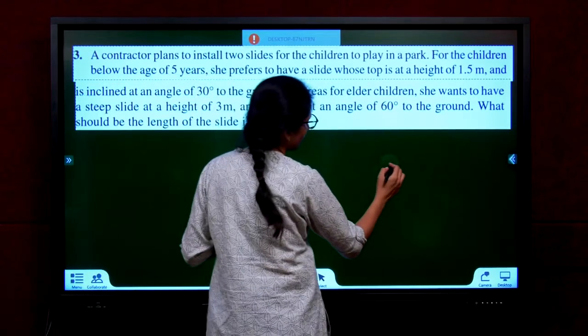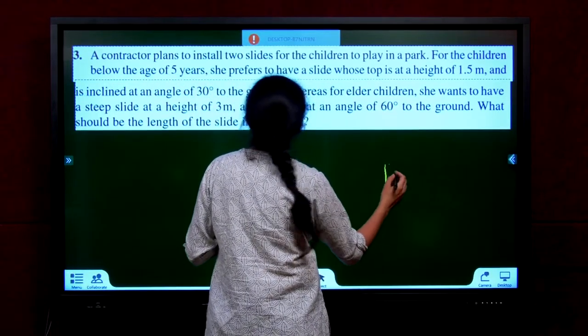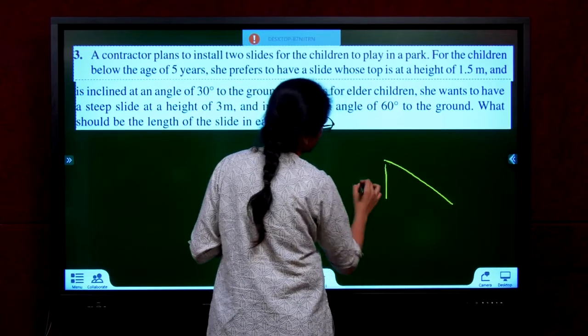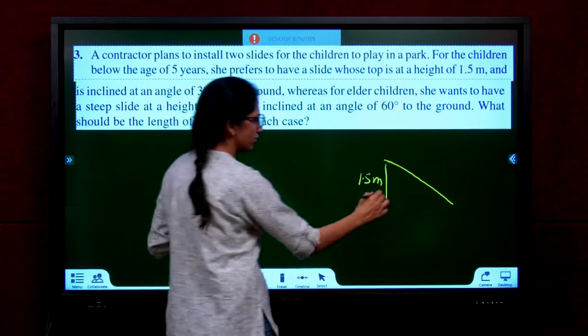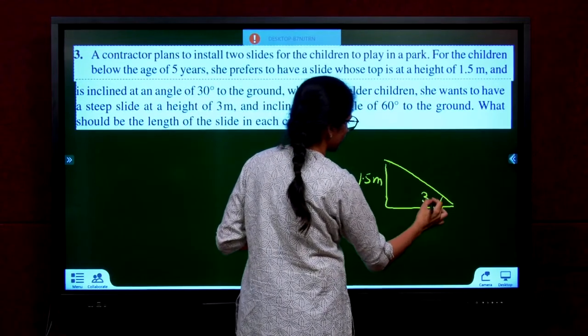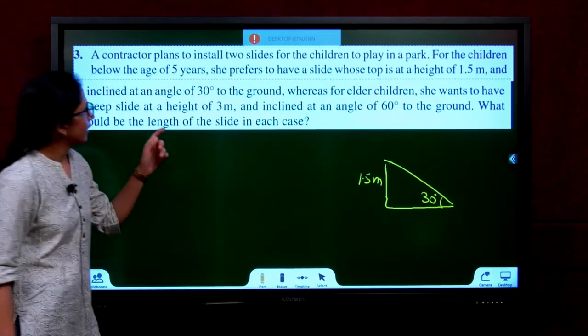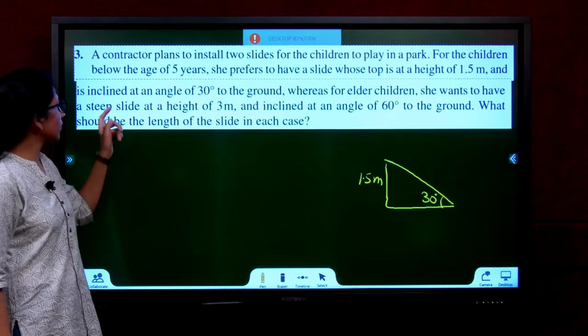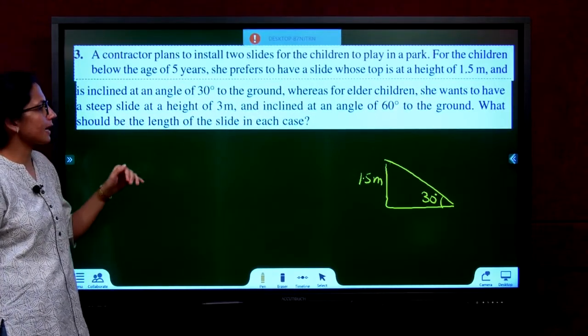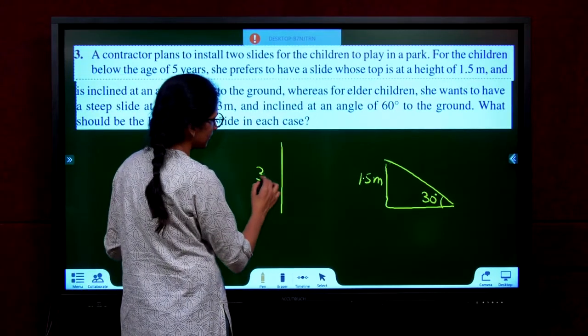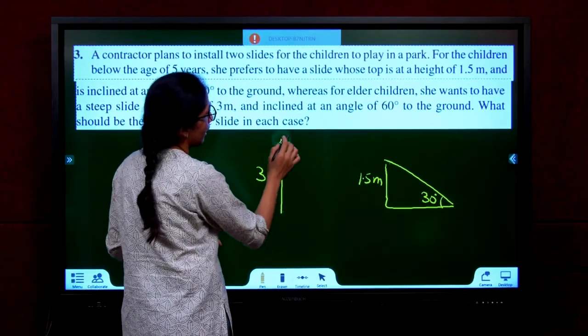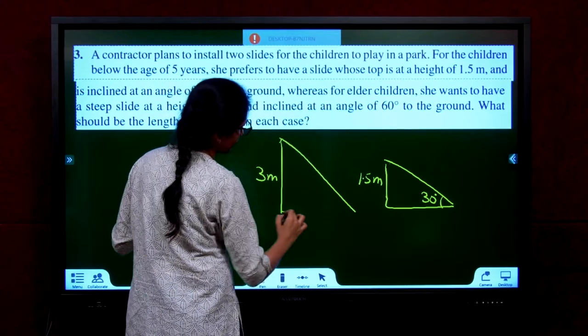So for the 5-year-olds, height should be 1.5 meters and the angle 30 degree with the ground. Whereas for elder children, she wants a more steep slide of height 3 meters, and the angle is 60 degree with the ground.